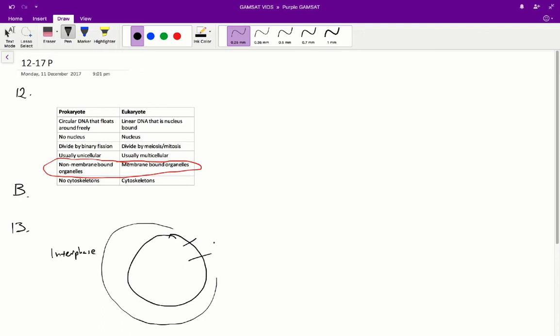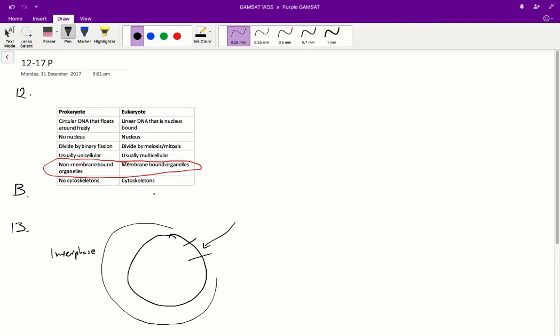So this part is where all of those stages in mitosis occur. So prophase, metaphase, telophase. That's all within just that very small period of time, whilst most of the time the cell is in that interphase form.